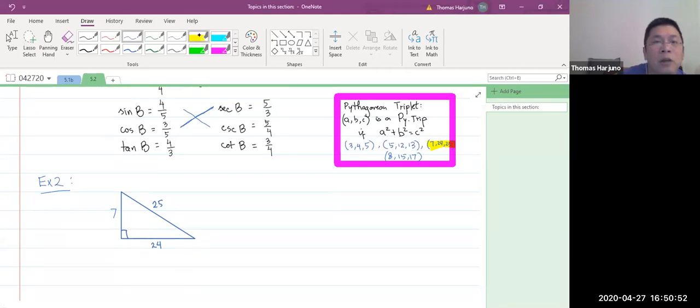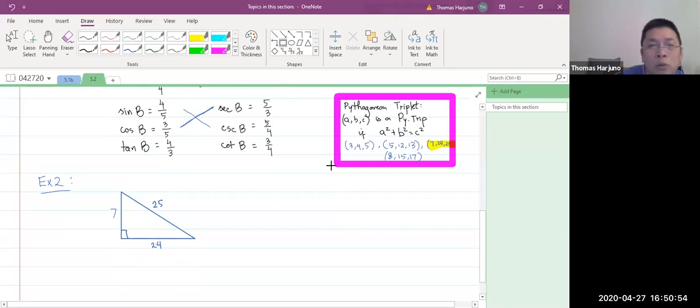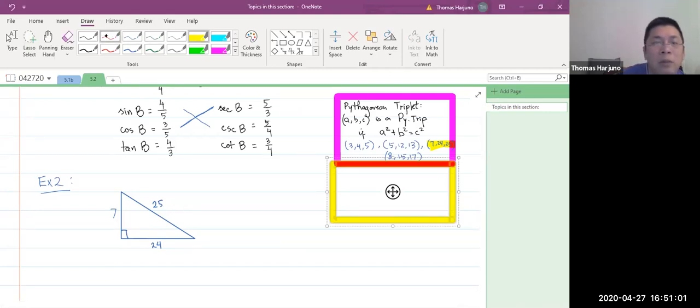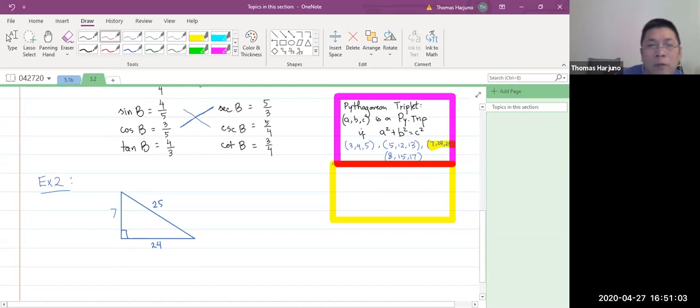Now, another reason why I want you to memorize this triplet is because any multiple of a Pythagorean triplet is a triplet. For example, we have seen that 5, 12, 13 is a triplet. Because 5, 12, 13 is a triplet, the multiple of that will also be a triplet. You can try. You will see that it satisfies the Pythagorean theorem.